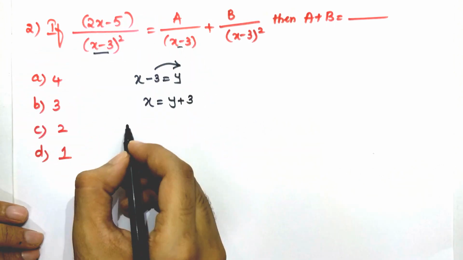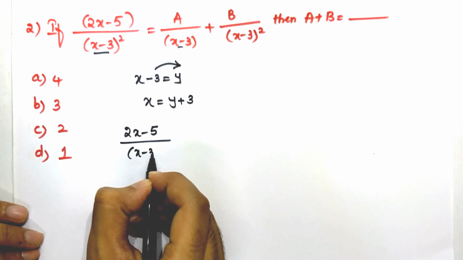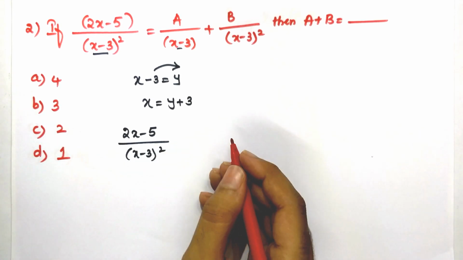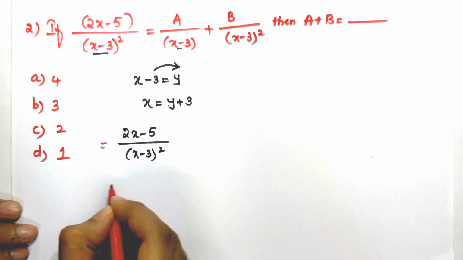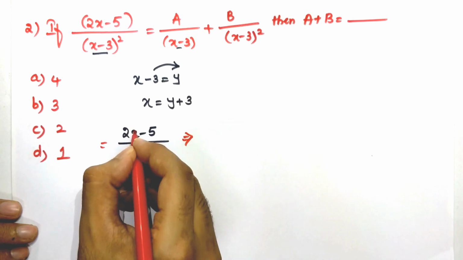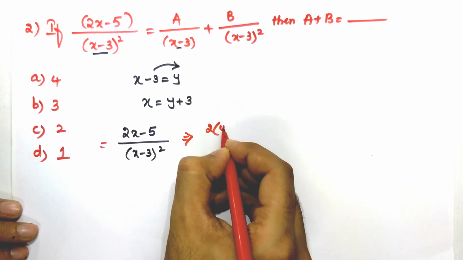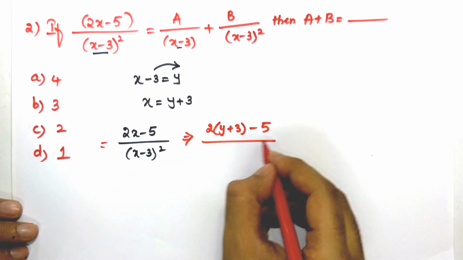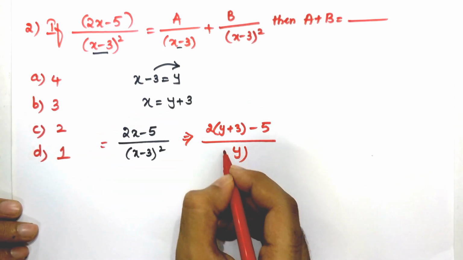Take the left side term, 2x minus 5 by x minus 3 whole square, and substitute the values. Instead of x, I can write y plus 3. So 2 into y plus 3 minus 5 as it is, and x minus 3 can be replaced by y, so this would be y square.